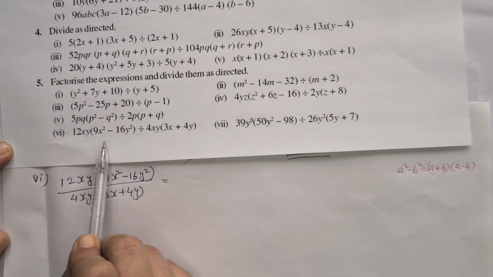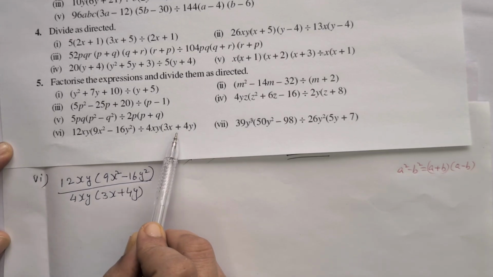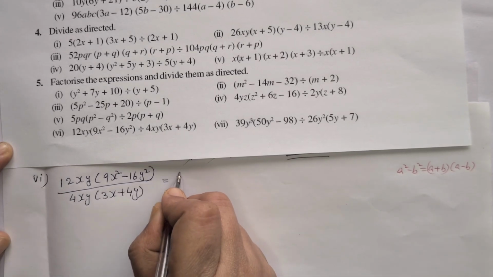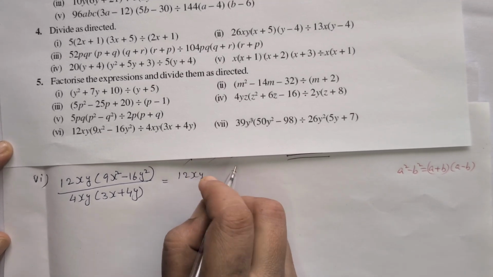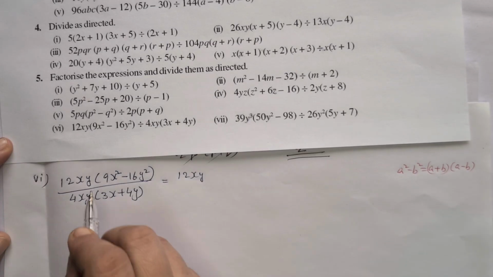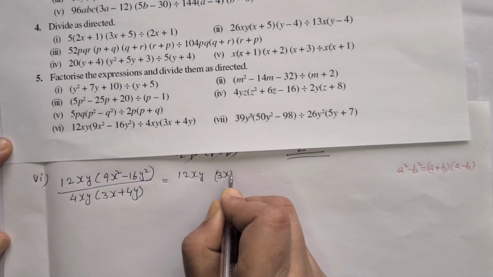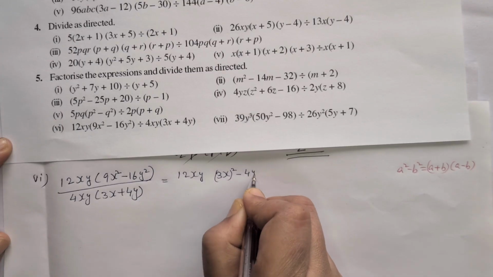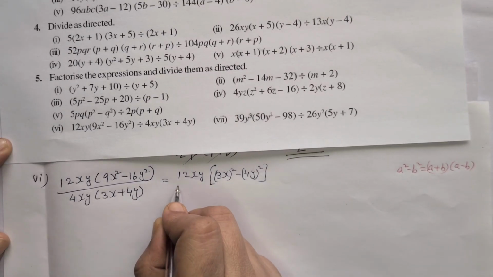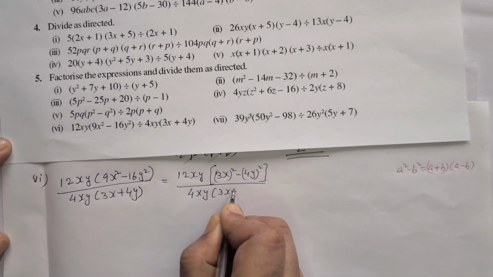Now the sixth one: 12xy into 9x square minus 16y square, divided by 4xy into 3x plus 4y. This we can rewrite as 12xy into a square minus b square, a plus b into a minus b. Before that, 3x the whole square minus 4y the whole square, divided by 4xy into 3x plus 4y.